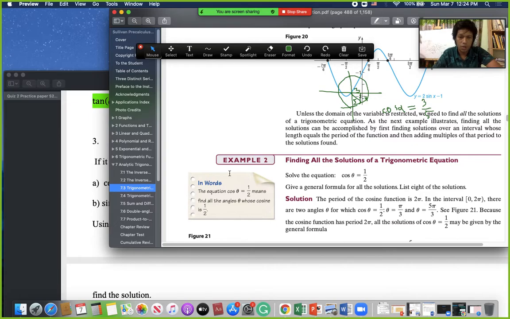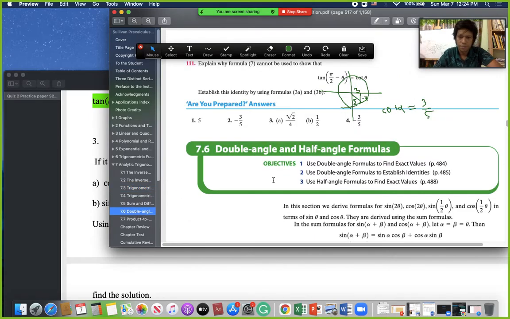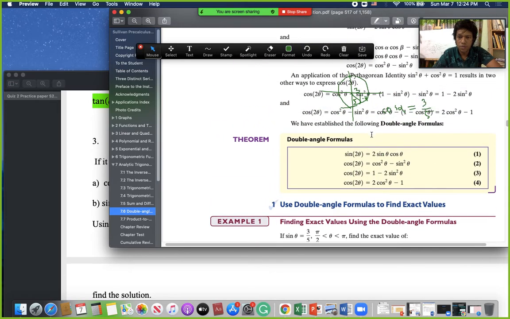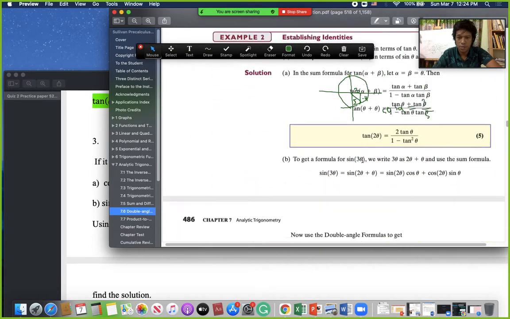I'm just going for the formula for cos 2 alpha. So you see sine 2 alpha, cos 2 alpha, you just have the formula and you put in the values of sine and cos, do the square, and you get the answer.